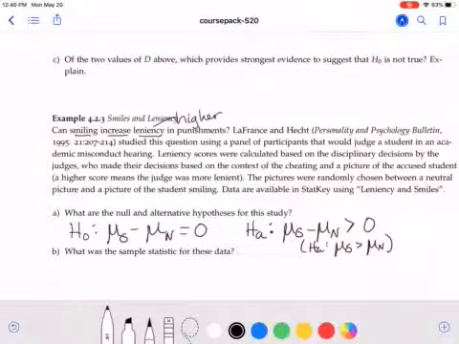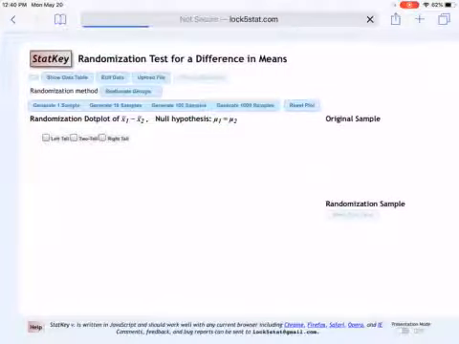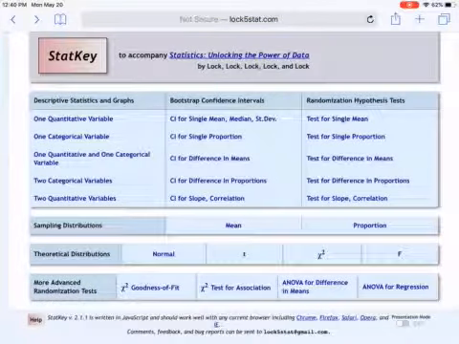The question next is, what's the sample statistic for these data? If I'm trying to compare two means, the sample value will be the comparison of the two sample means. And we can actually get this value from the data in StatKey. If we go over to StatKey and look for this data set, let me show you where it's built in.